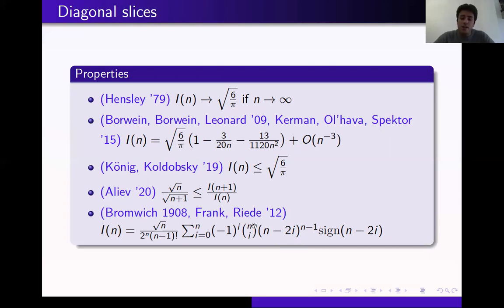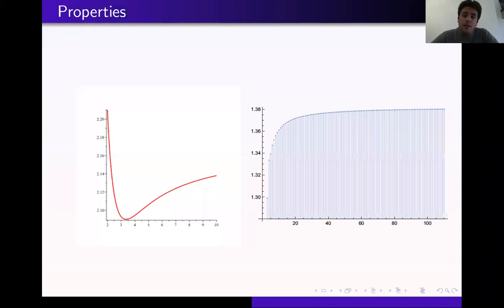So if you check this for the first values of n, I'm showing you two different drawings. The first one is actually taken from the paper of Borwein-Leonard. Of course, they are showing a continuous function here.